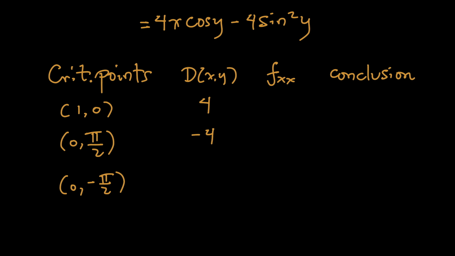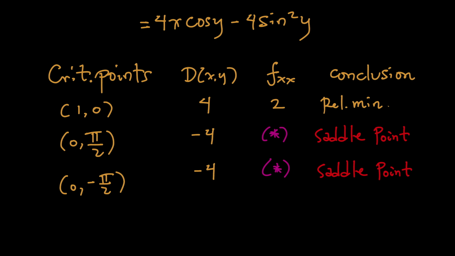And similarly, since this one is squared, we have the value equal to negative 4 for this final critical point. And notice that in our previous calculation, the second derivative is equal to 2. Then we have the following conclusions. For the first one, we have a relative minimum. And for the second and third critical points, since D is negative, these are saddle points.